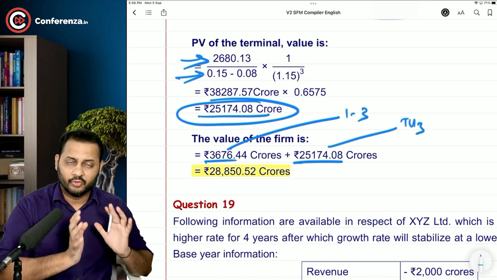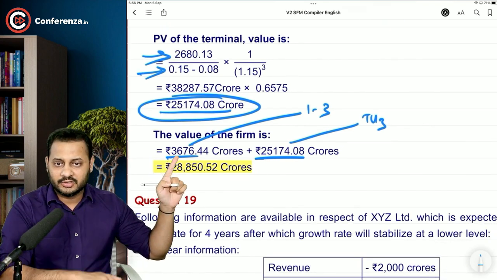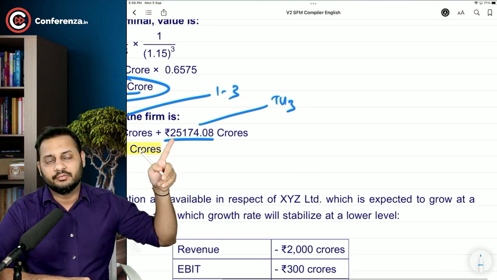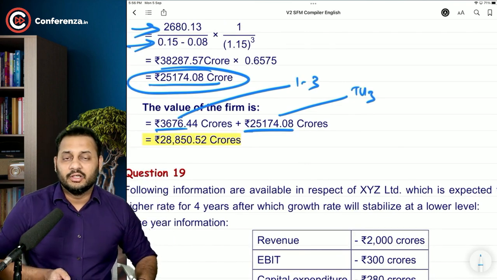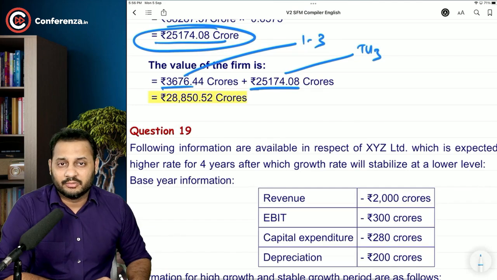That means 4-year onwards. This is the present value of the first 3 years. This is the present value of the 4th year till perpetuity. 25,174.08. We are going to see more questions like this coming from question number 19.